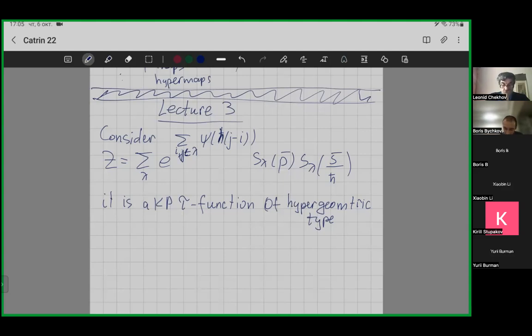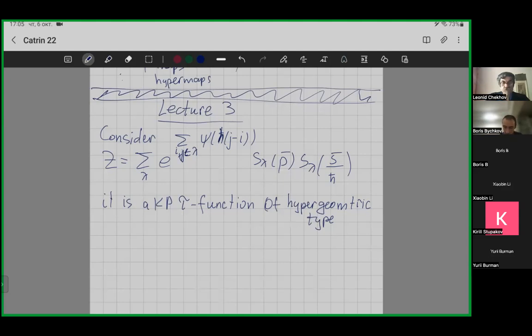So why is it a KP tau function? It's a very well known and very beautiful story that I leave for you.